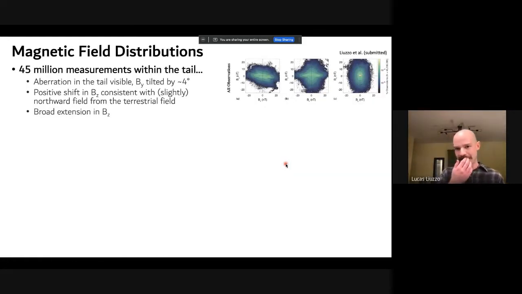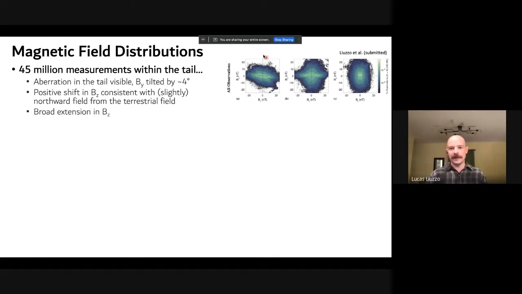Okay, so if we take a look now at what ARTEMIS actually saw, what type of plasma environments the moon is exposed to: as I mentioned, we have around 45 million measurements that ARTEMIS has taken. What I'm showing here are heat maps of what components of the magnetic field ARTEMIS saw.